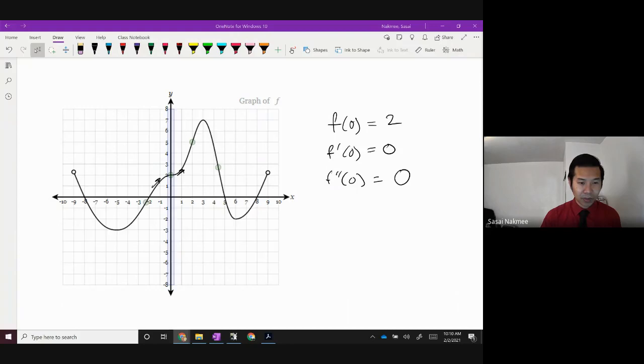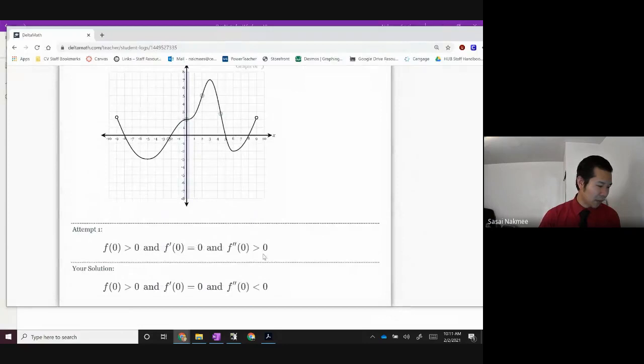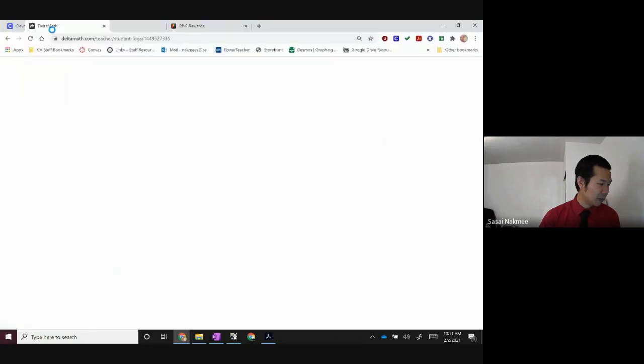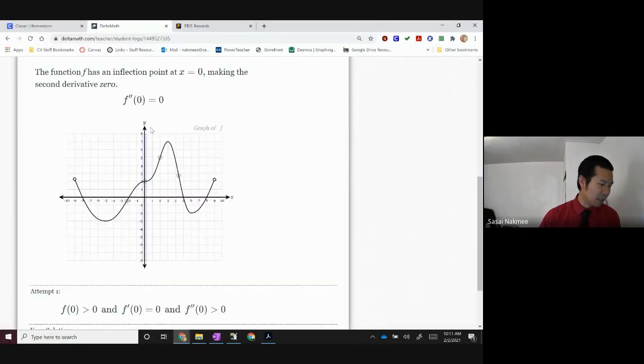The derivative is equal to 0, and the second derivative is also equal to 0. So it looks like the person who was working on this one messed up on the second derivative. That's a common mistake we have to pay attention to. How do I know that the second derivative is supposed to equal 0? It's because they tell us that it is a point of inflection. Remember, point of inflection means that it's not concave up or concave down.